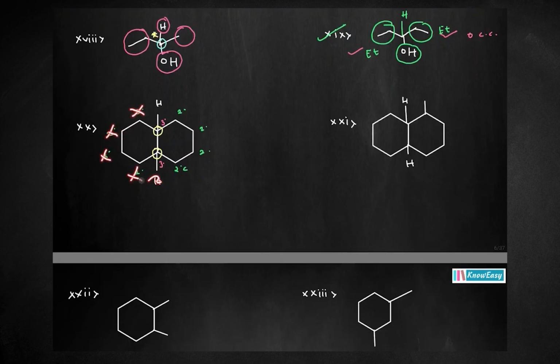No chiral, no chiral, no chiral, no chiral, as we know. Now look very carefully at these 2 positions. If I select this, now check the 4 different groups. Here is the hydrogen, here is the tertiary carbon, so 2 different groups are there.